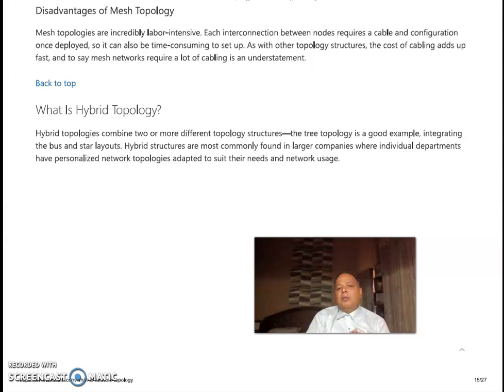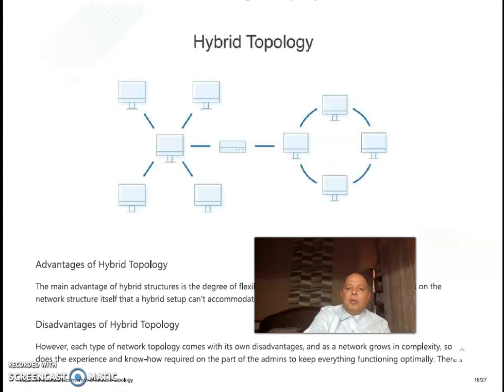But where more bandwidth is required, you can have fiber optic connectivity. It's a combination of all these topologies, and hybrid is a practical topology. You will find it in larger organizations, where a personalized approach is required for individual departments.